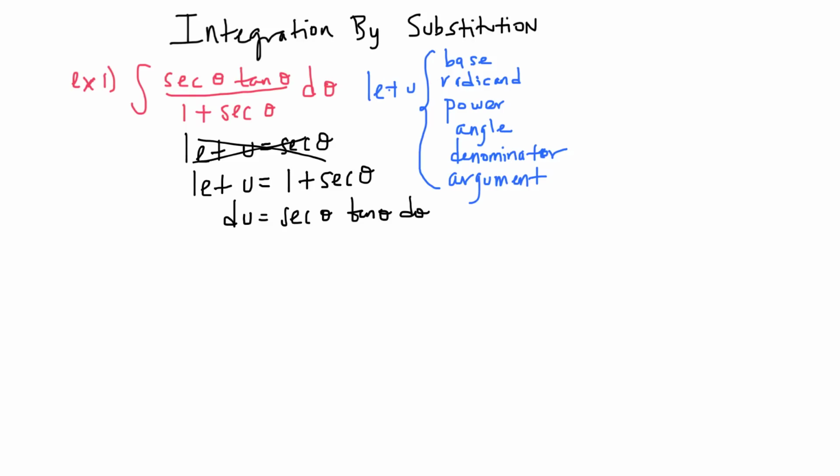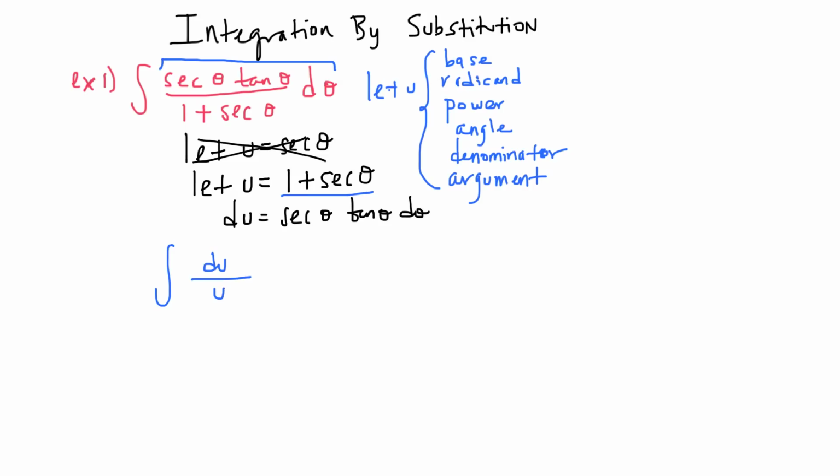And so we are ready to rewrite our integral. Now the integral of secant theta tangent theta d theta, this whole expression is going to become du, and 1 plus secant theta is our substitution u.